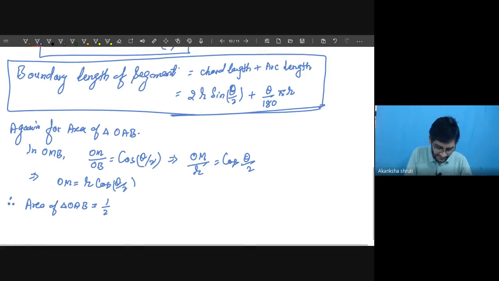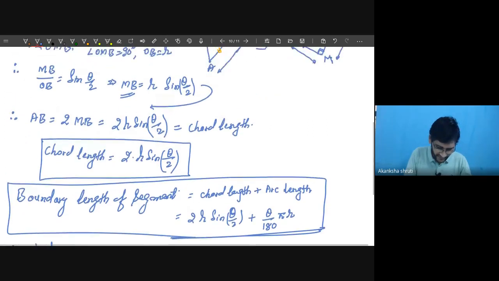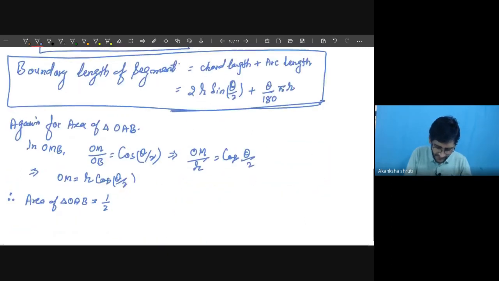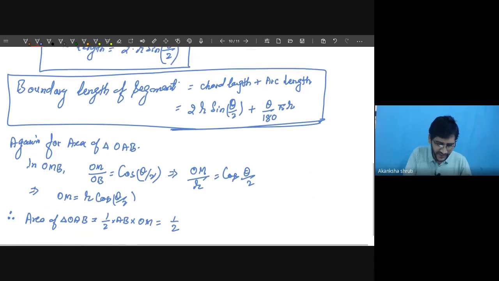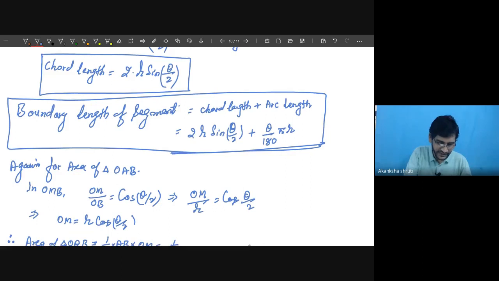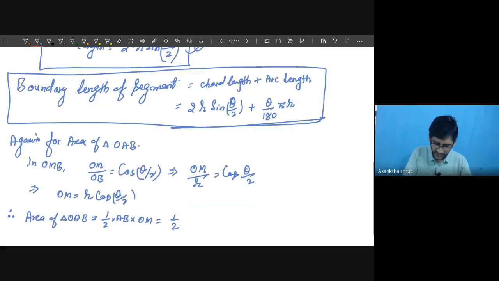The base is the chord length AB, which is 2r sine of theta by 2. So AB into perpendicular, which is our OM. Substitute it. Half, the chord length we have calculated here, AB, 2r sine of theta by 2.